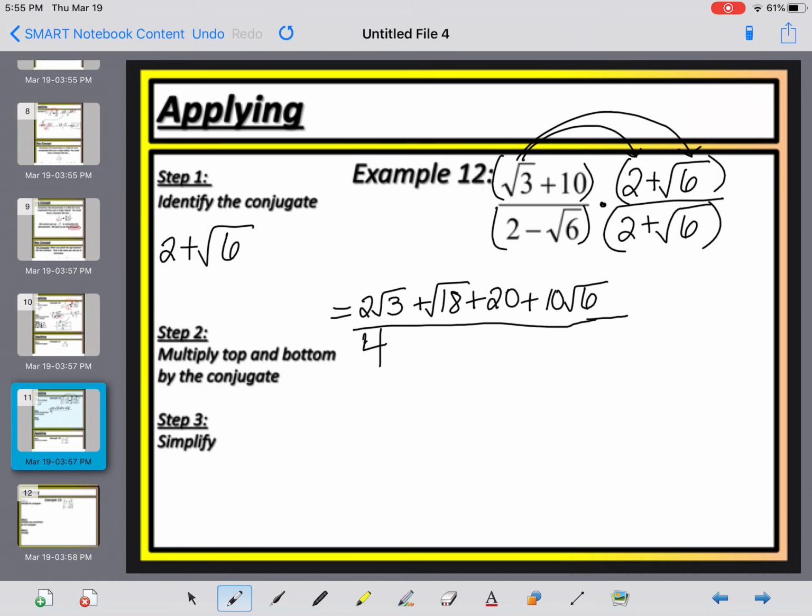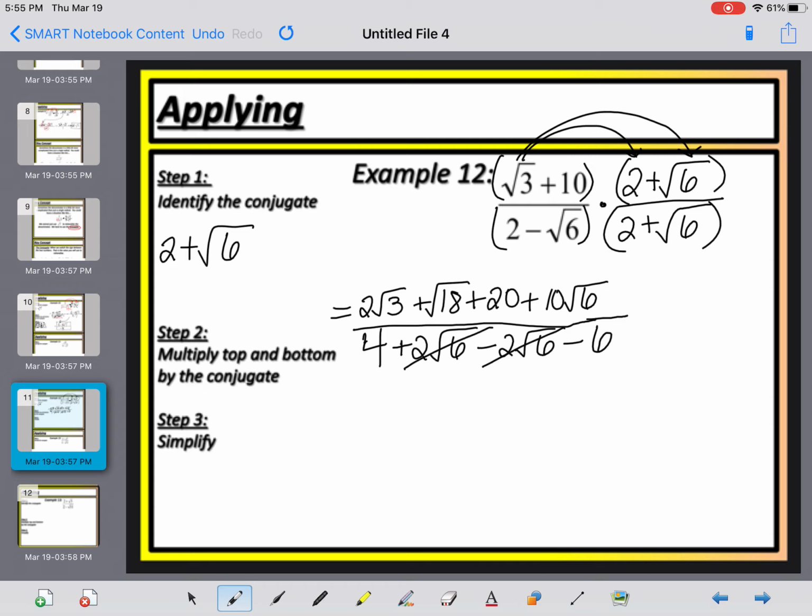Right, and now my denominator, 2 times 2 is 4. 2 times the square root of 6. And negative square root of 6 times 2. When I get to negative square root of 6 times positive square root of 6, multiply the outsides first, where we get a negative 1, and then the square root cancels itself out there.